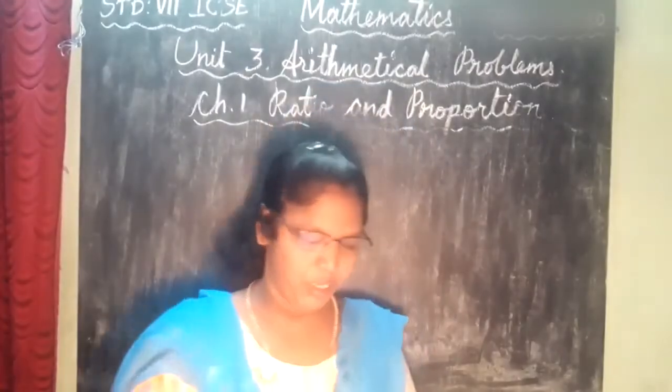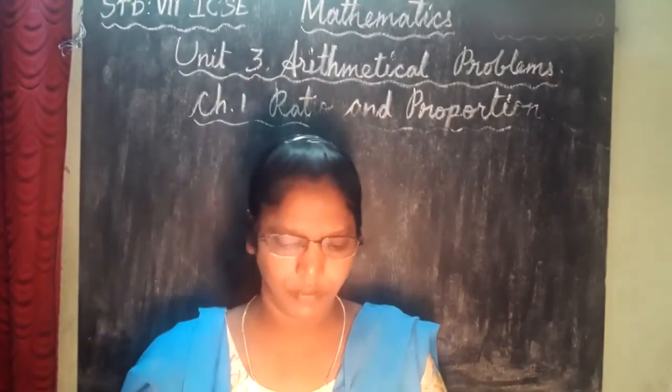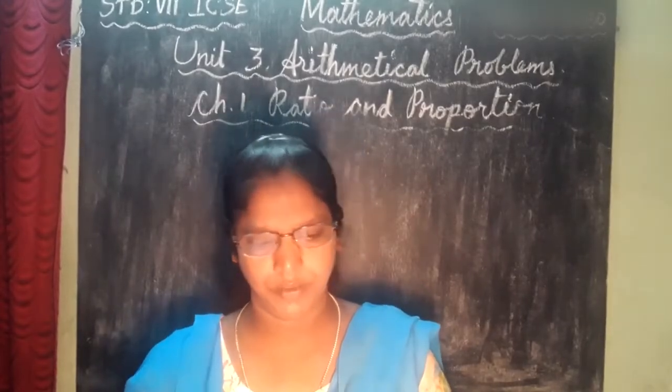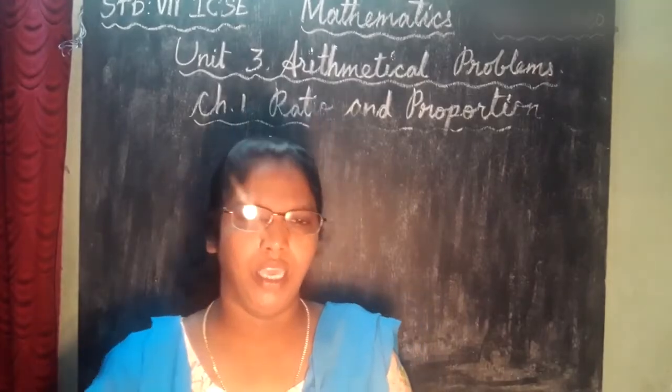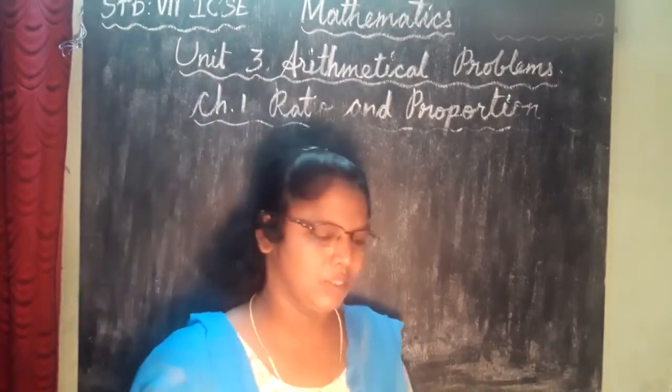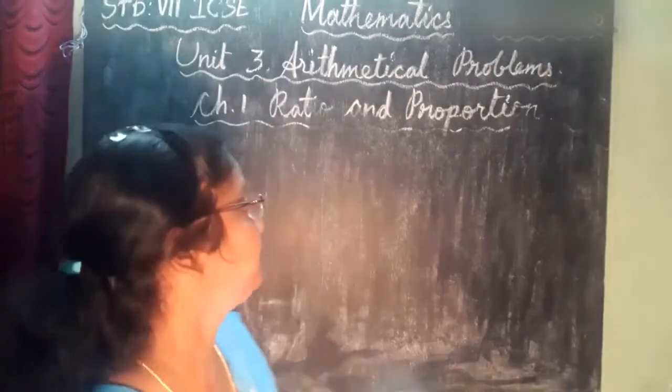Okay. I want everybody to turn your book to page number AP 10. That is exercise 1A, in third unit, first exercise 1A, page number AP 10.